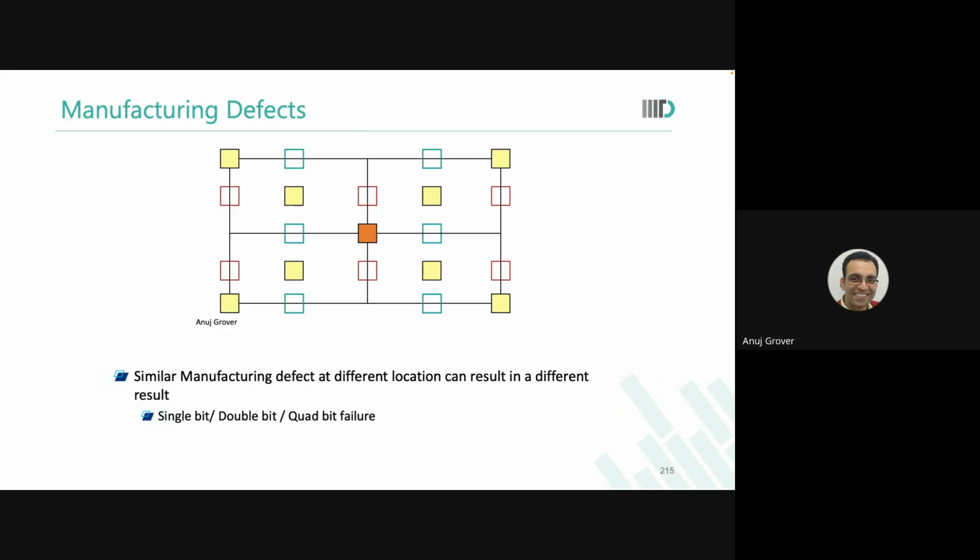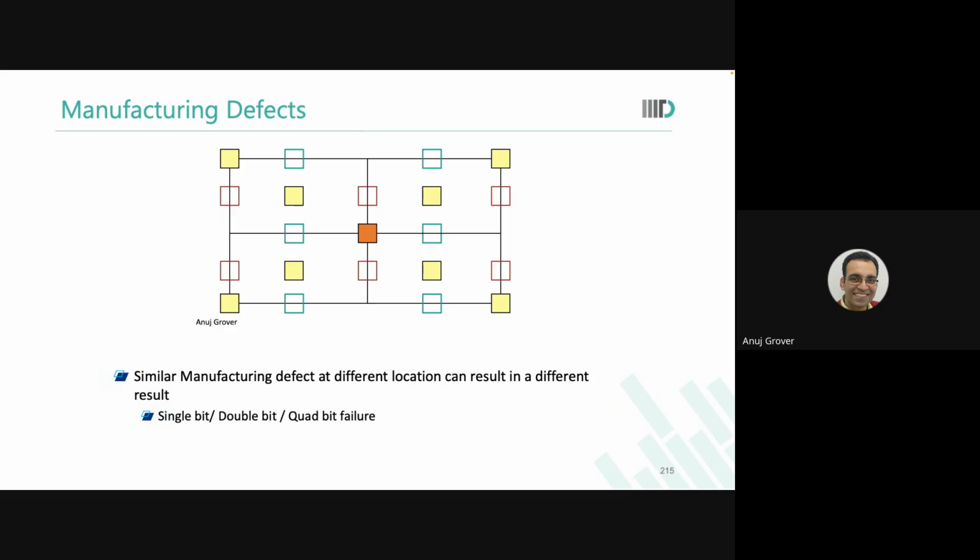But there are many failures which are dual bit failures, vertical bit or horizontal 2 bits. And there are many quad bit failures also. So the signature of failure tells you which structure is failing, whether it could be a design failure or if it is definitely a technology failure.